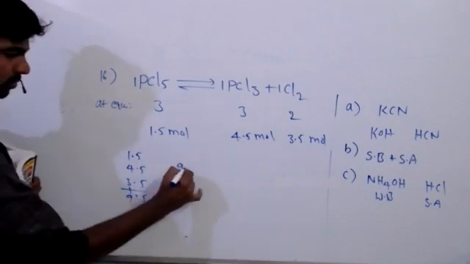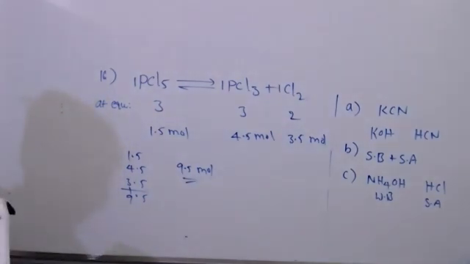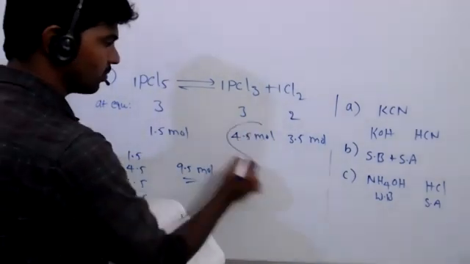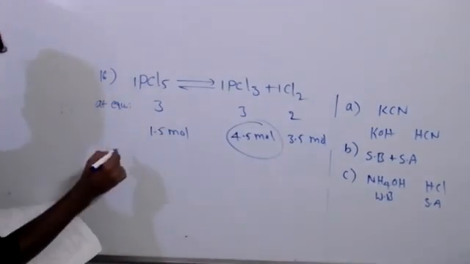Total number of moles is 9.5. But they're asking only PCl3, the number of moles of PCl3 present in it. This is 4.5 mole, not the total moles. So the answer is 4.5.